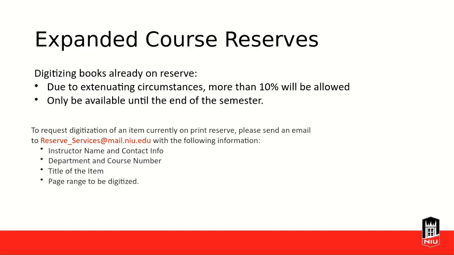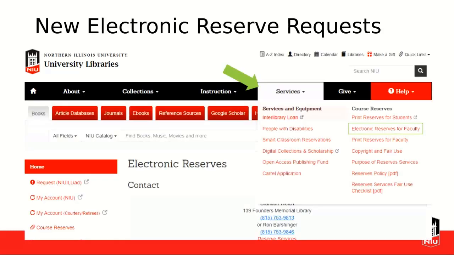If you don't currently have an item on print reserve, so print reserve is actually physical books, we have a print reserve collection in the library of textbooks and other required books for courses, and then students typically will come in and check out a print reserve book, and they can use it for between 2 and 4 hours, but only within the library.